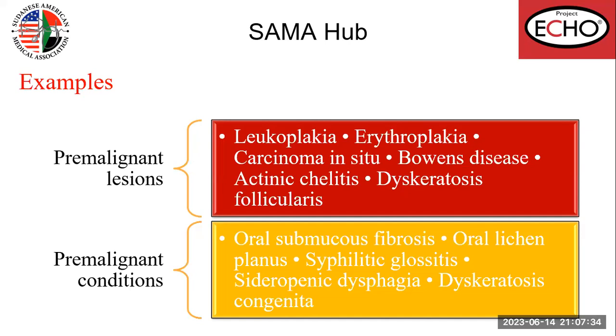These are some of the lesions. And in terms of conditions, we can see oral submucous fibrosis, oral lichen planus, syphilitic glossitis, sideropenic dysphagia, and dyskeratosis congenita. We will start with the first group, which is premalignant lesions.